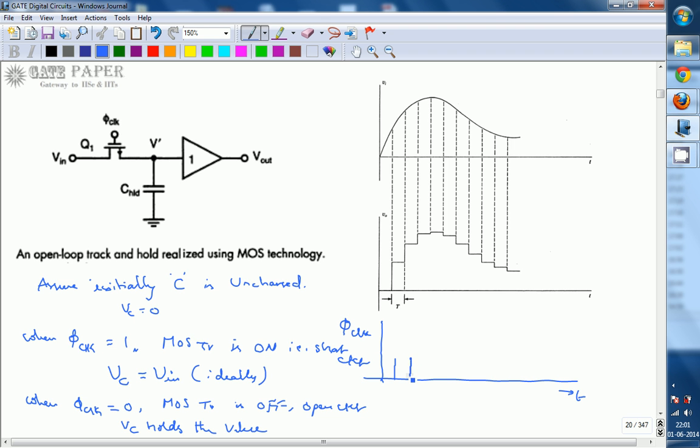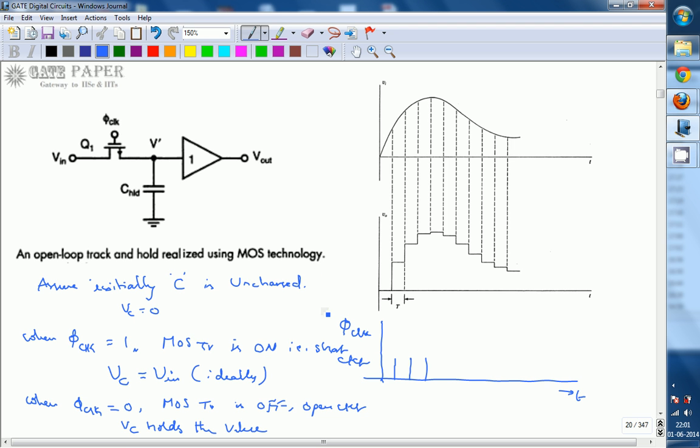The impulse is present only at that instant of time, and during that time the MOS transistor is in the on condition. The capacitor stores the input voltage at that instant, and afterwards the transistor acts as an off switch and the capacitor holds the charge.